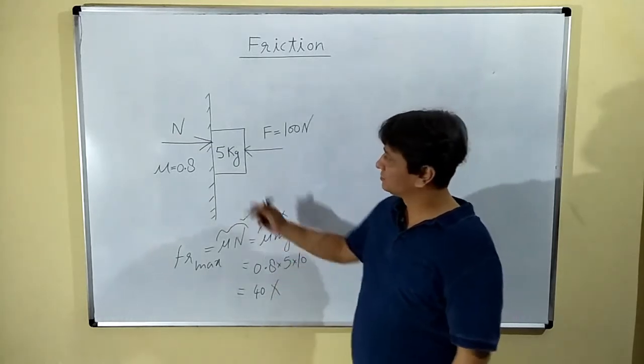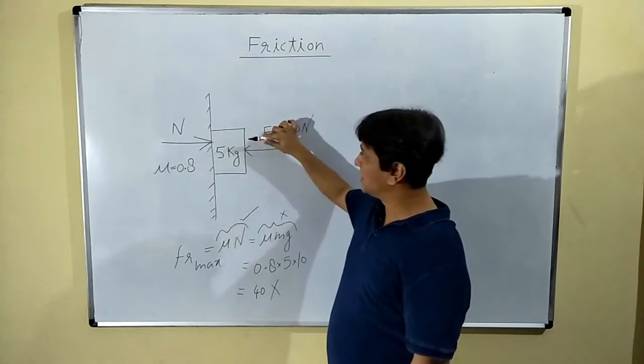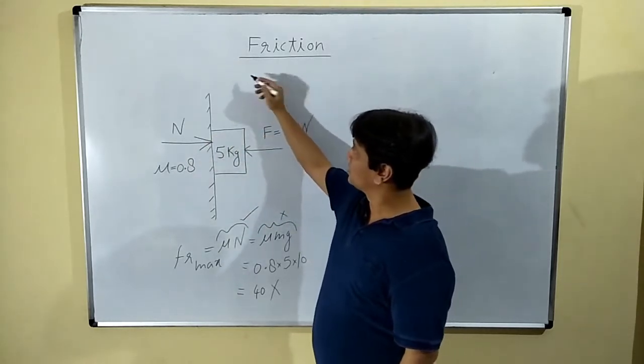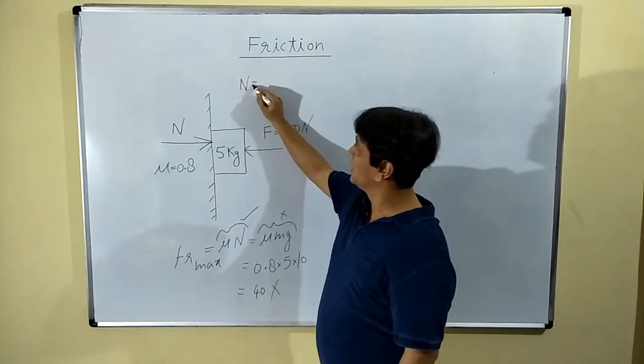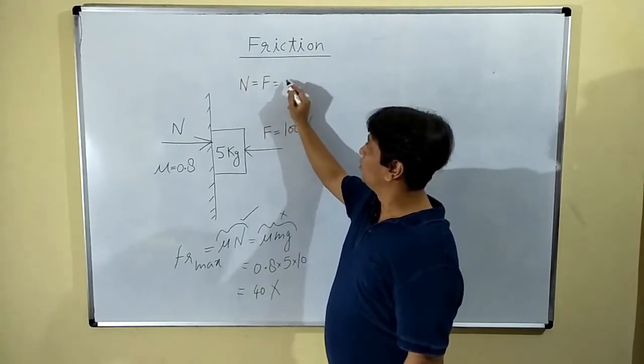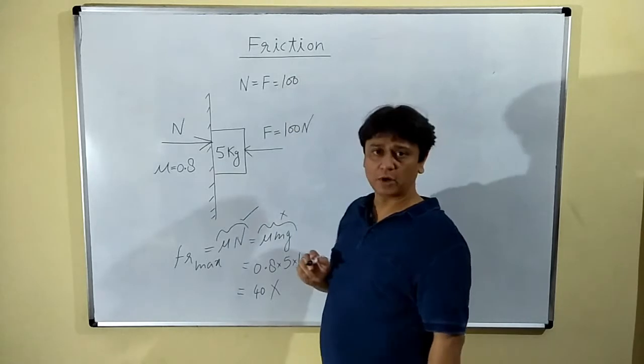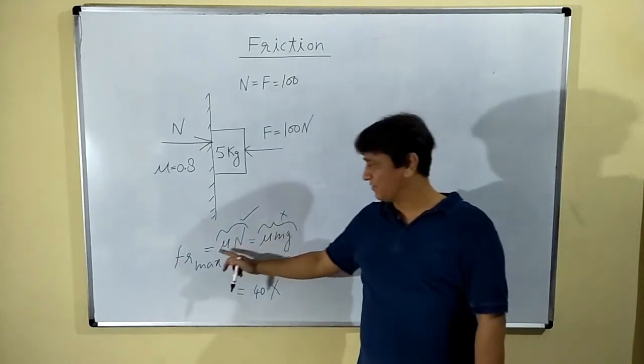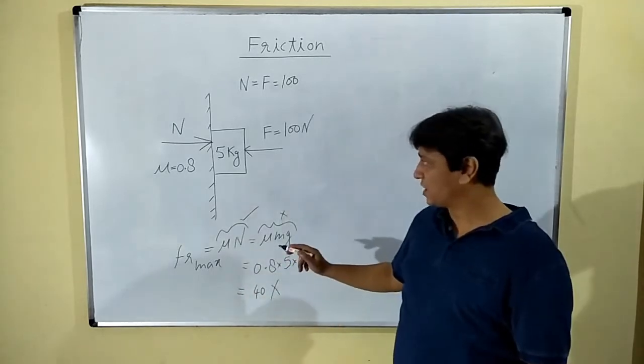How? Which force will this normal reaction balance? The force which is coming from this side. In this question, therefore, N is equal to F, which is 100. This gives us FR maximum. What is FR maximum?